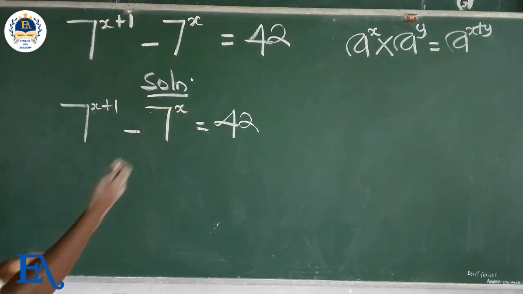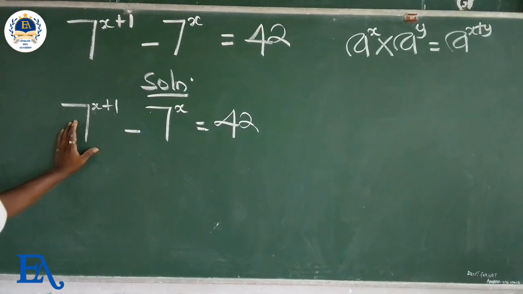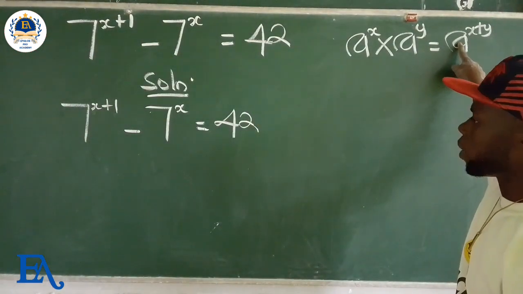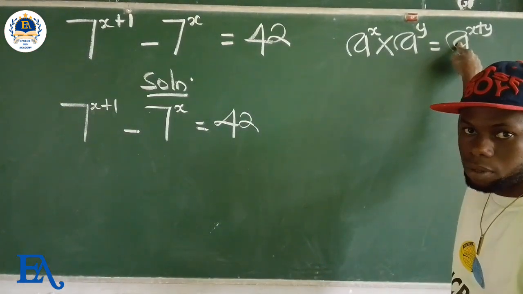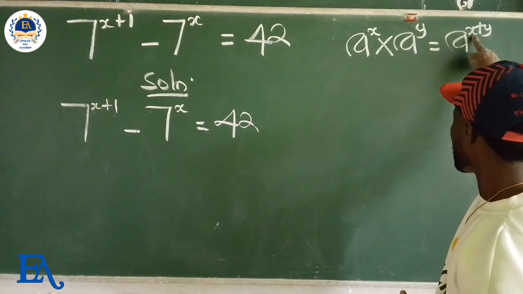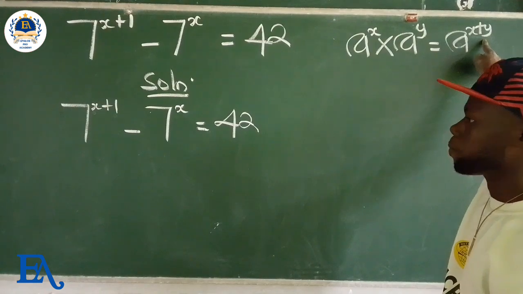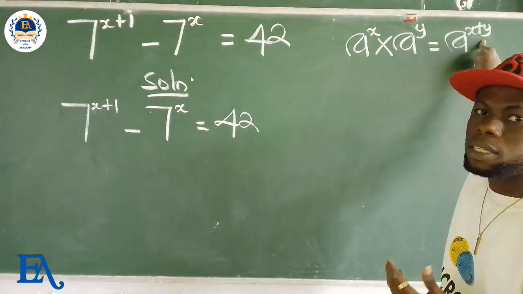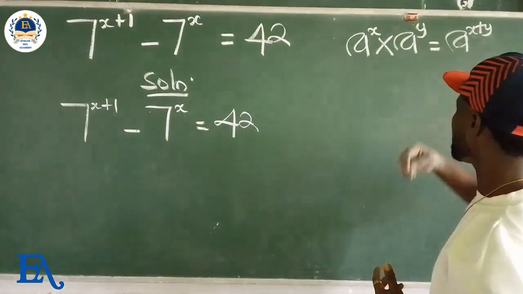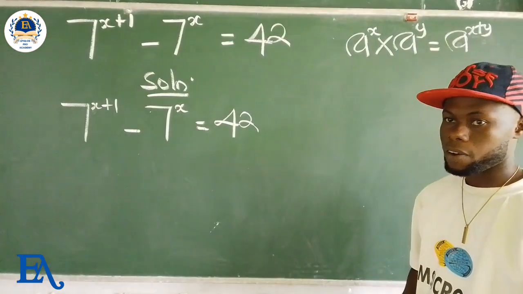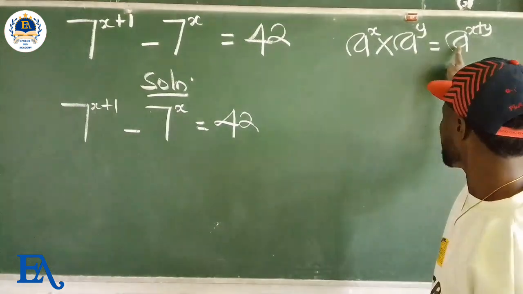Comparing that with what we have here, it is noted that a, the bigger number, just like 7 on the board, is raised to the power of x plus y, x plus 1.